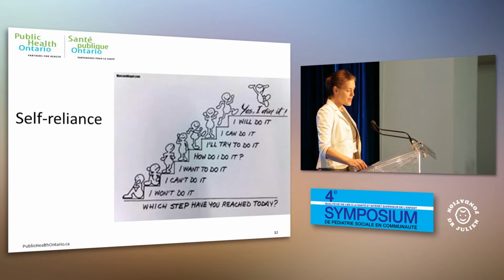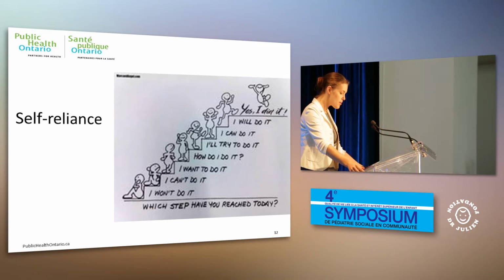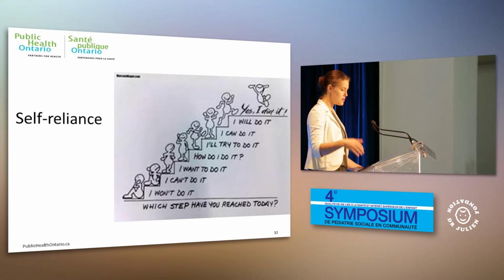And lastly, to get the vulnerable children and families to follow up on the referrals and to access social services and utilize what was available to them, many empowering strategies were found to be effective, fundamentally increasing the self-reliance of the vulnerable families.